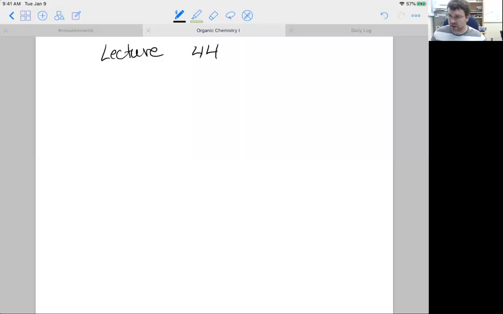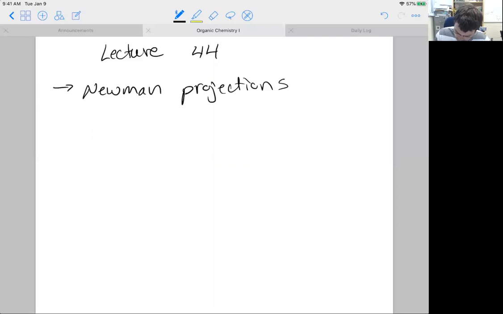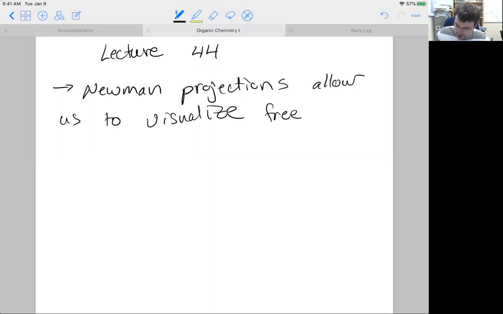what I want to start with is reminding us that Newman projections allow us to see free rotation a little bit more easily than we would if we just had seesaw structures. For example, the first time we looked at a 60-degree free rotation over a carbon-carbon bond, it was a little bit awkward.